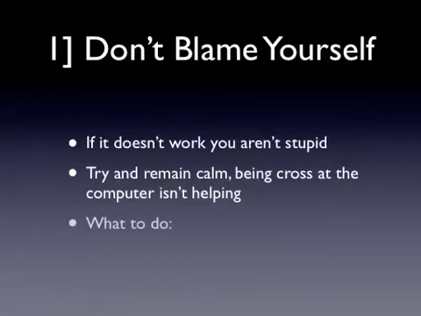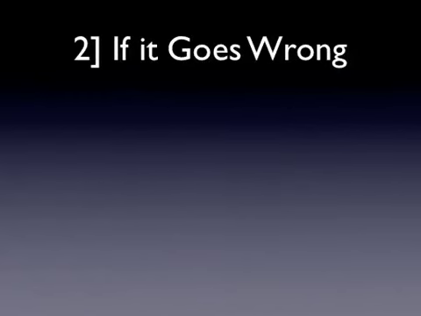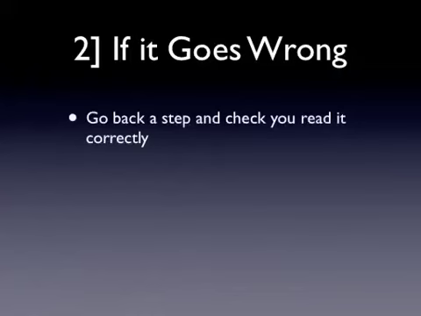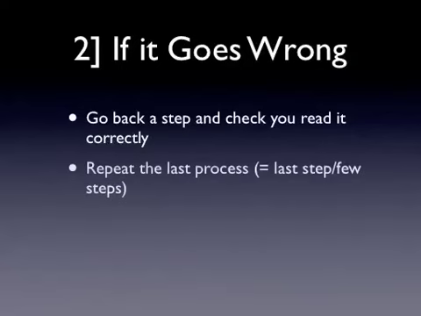And the next tip is what to do. So if it does go wrong, go back a step and check you read it correctly. This is more helpful than just going back and repeating it again, because you may see what you did wrong more easily by just reading it rather than trying to actually do it.